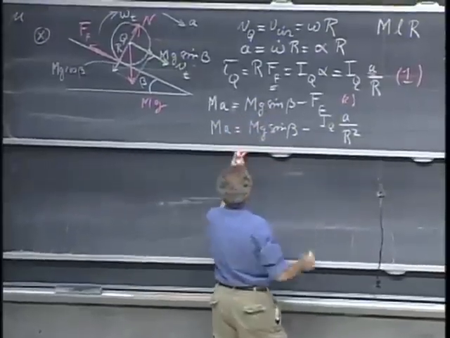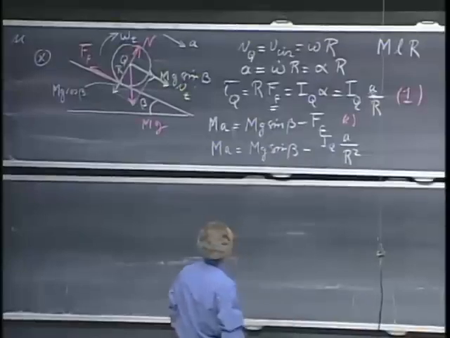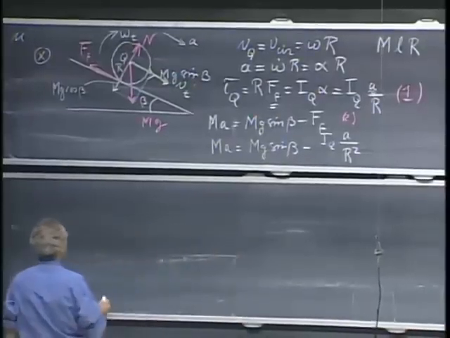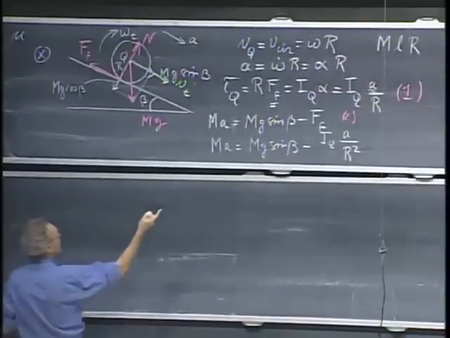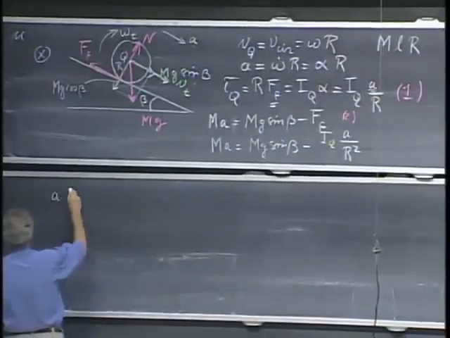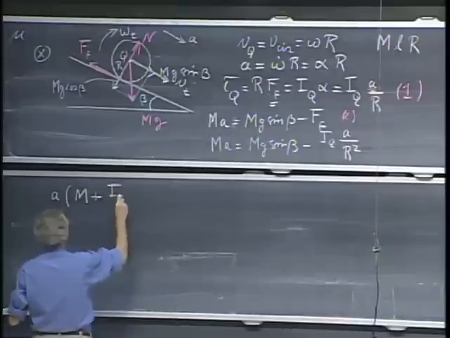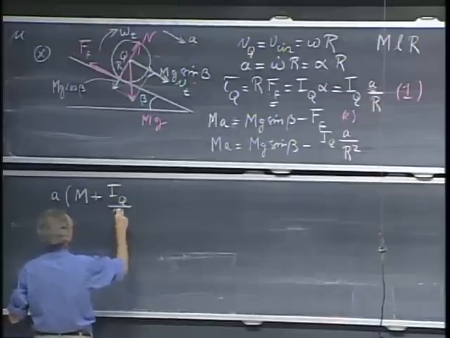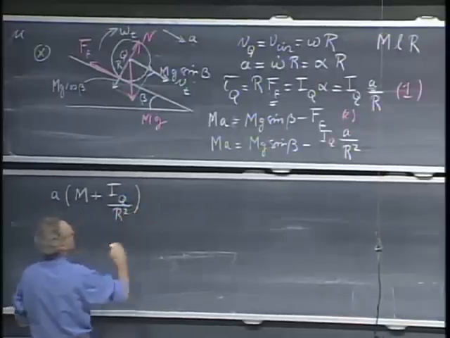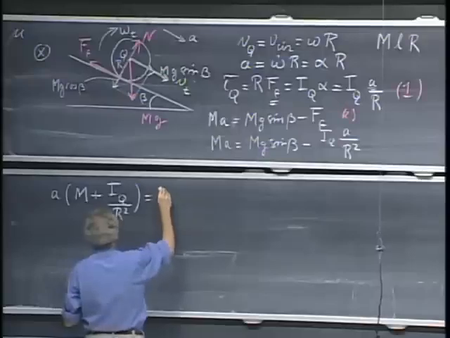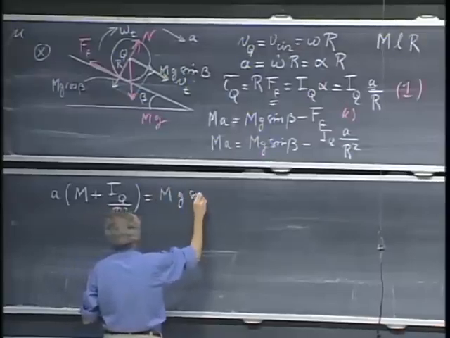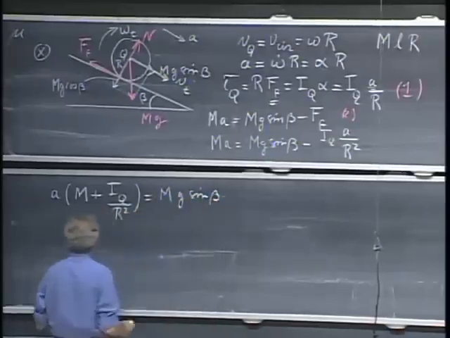And now notice that I've eliminated ff, and so now I can solve for A. I bring the A's to one side, so I get A times m plus moment of inertia divided by r squared equals mg sine beta.